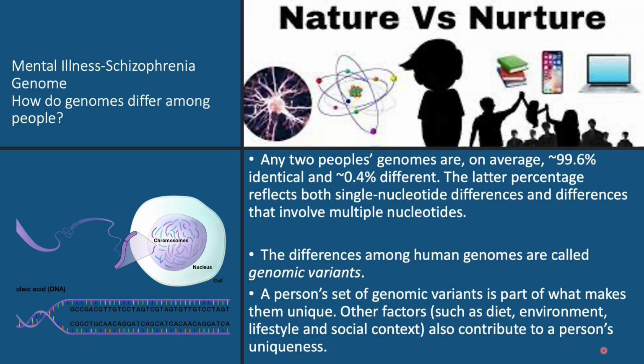But this is not the whole story. There are other factors, as you can see here in the top cartoon in the right. The diet, the environment, the lifestyle, the social context, all of these variables are super important in contributing to a person's uniqueness.